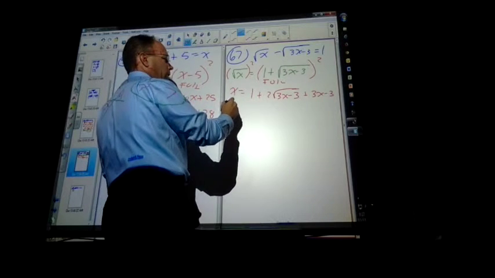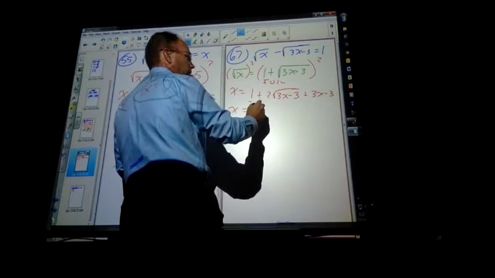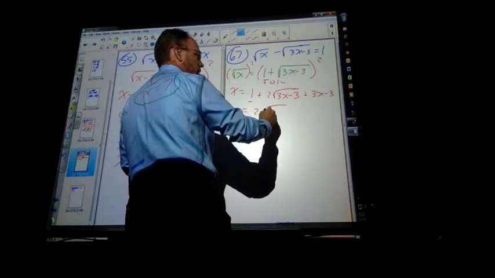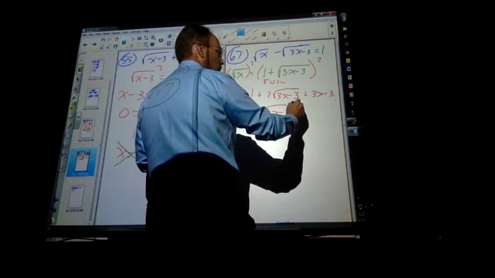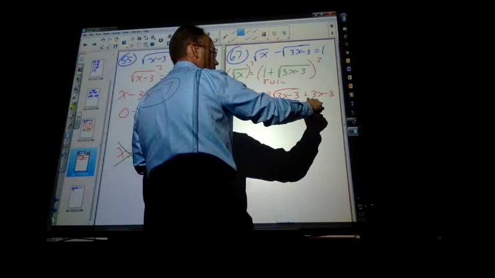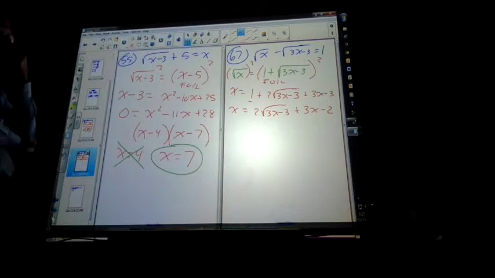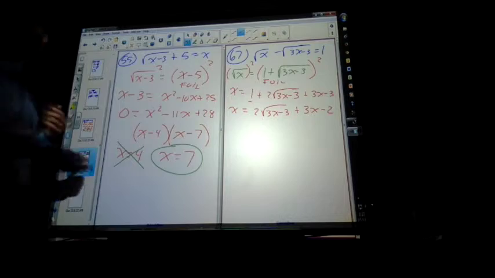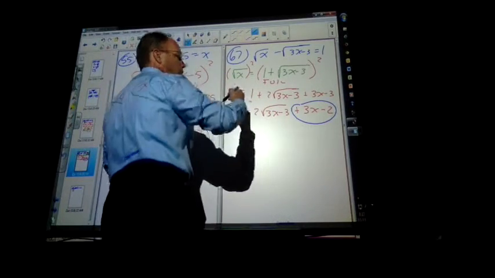Let's combine some like terms. The 1 and minus 3 are going to combine, so I'm going to get this. It's 3x minus 2. I think I can bring this over.